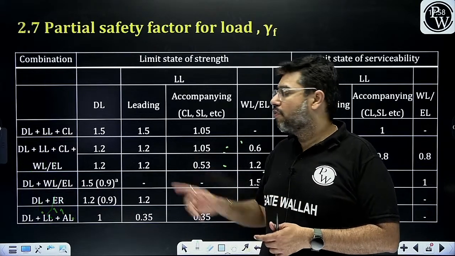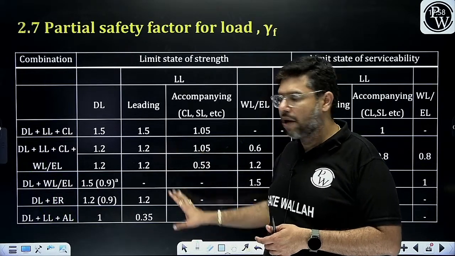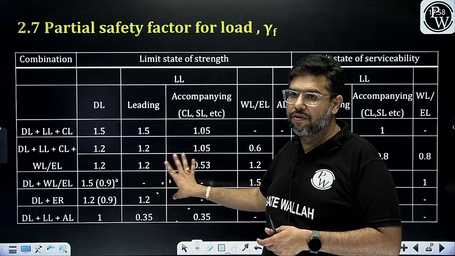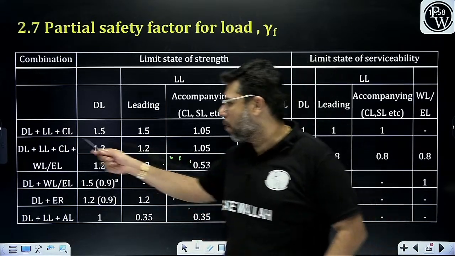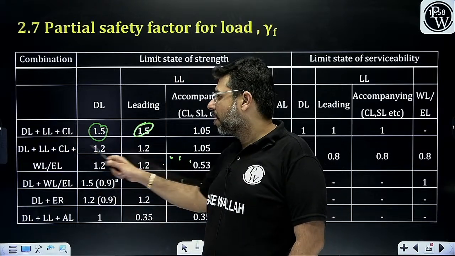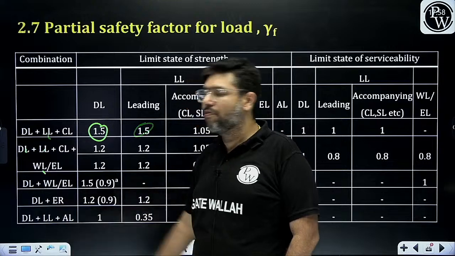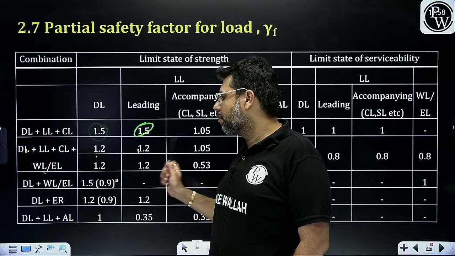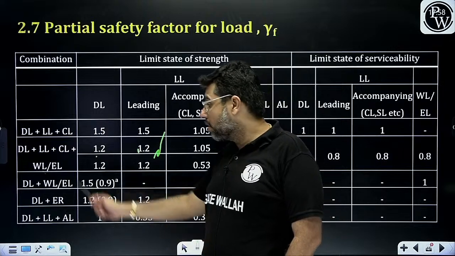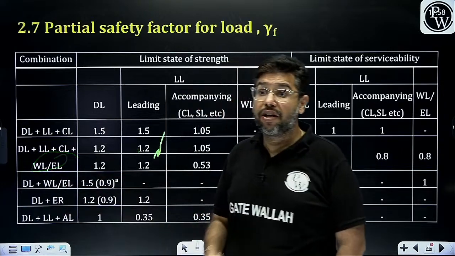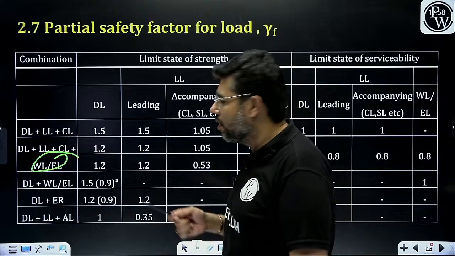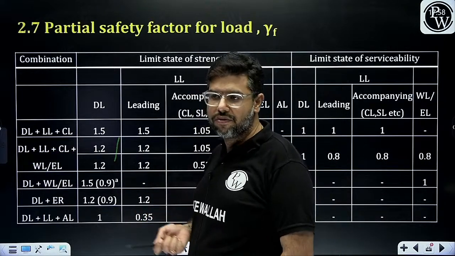So we will take various combinations of load and apply the partial safety factors for loads as given here. For example, if you take the combination of dead load and live load, the partial safety factor is 1.5. If you take the combination of dead load, live load and wind load, the partial safety factor is 1.2, 1.2, 1.2. Why is the partial safety factor decreased? Because the wind load and earthquake load have less probability of occurrence. Since the probability of occurrence has decreased, the partial safety factor is also decreasing.